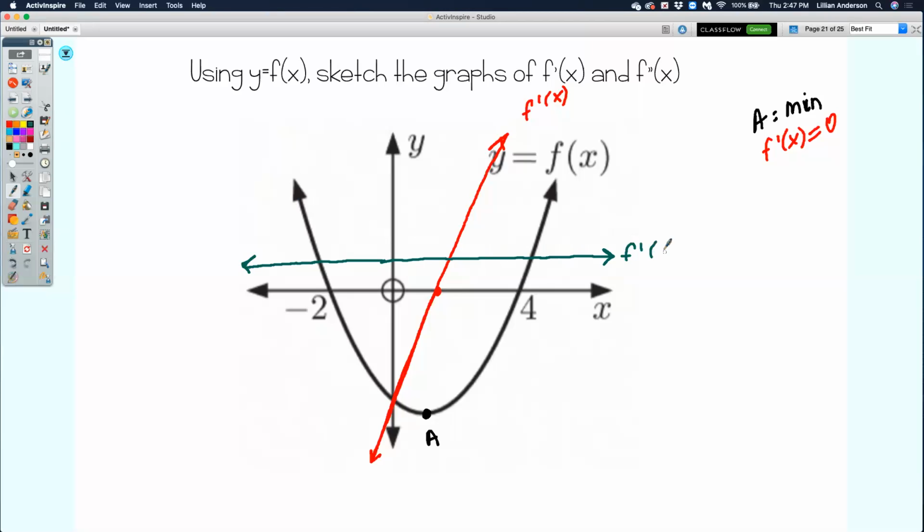It cannot have any type of slope to it, because if it has some type of slope to it, that means that it would be intersecting the x-axis at some point, indicating that there is an inflection point on my original function, which there isn't. And there's the graph of the first derivative and the second derivative.